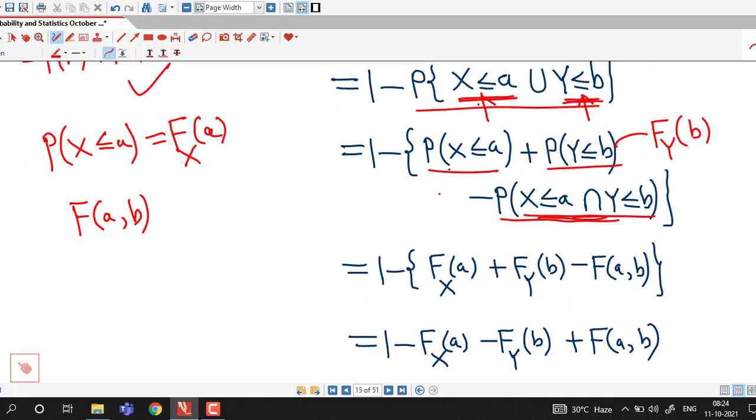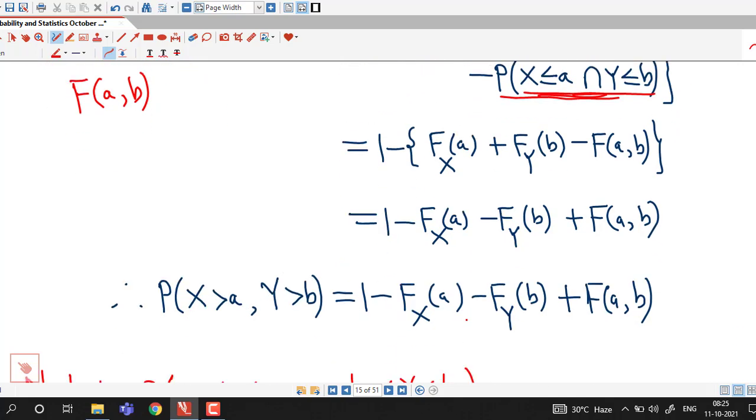So we replace all these things by cumulative distribution function values, and if we take the negative sign inside the bracket we obtain this. So this probability is expressed in terms of the CDF of random variables X and Y, and also in terms of the marginal distribution functions of X and Y.